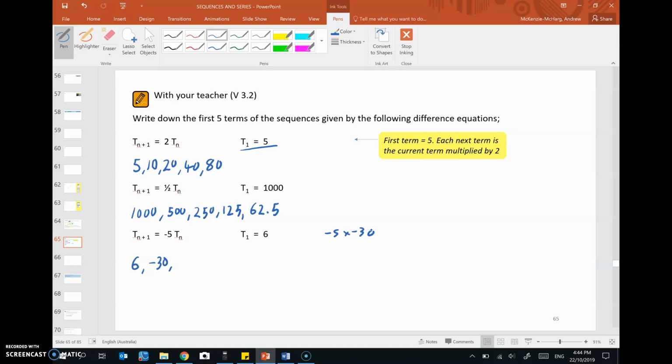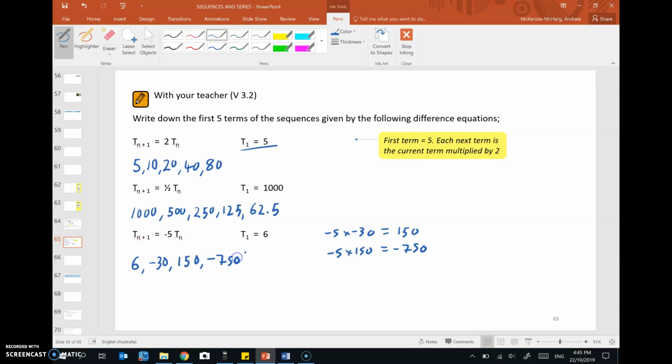That's going to give us a positive result of 150. Okay, then we're going -5 by positive 150, which is 750, I believe. Yep, that seems right. And that goes back to being -750 because we got negative by positive.